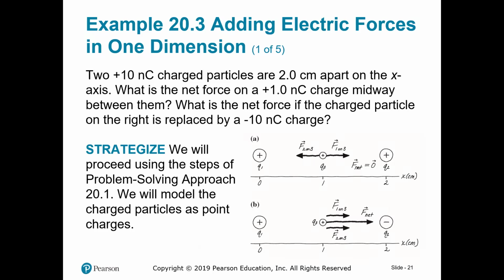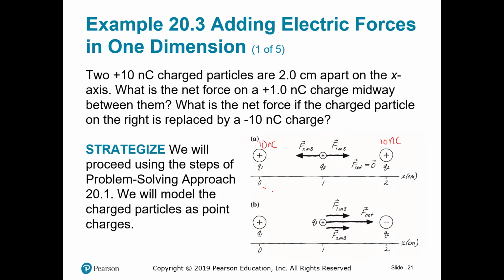And now let's calculate actual electric forces with numbers in one-dimensional space. Let's assume you have two 10 nanocoulomb charged particles 2 centimeters apart. So this is a 10 nanocoulomb, and the other one is also 10 nanocoulomb.